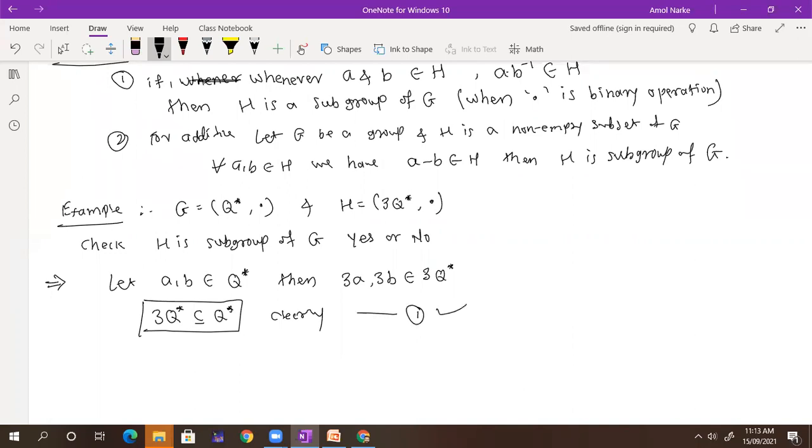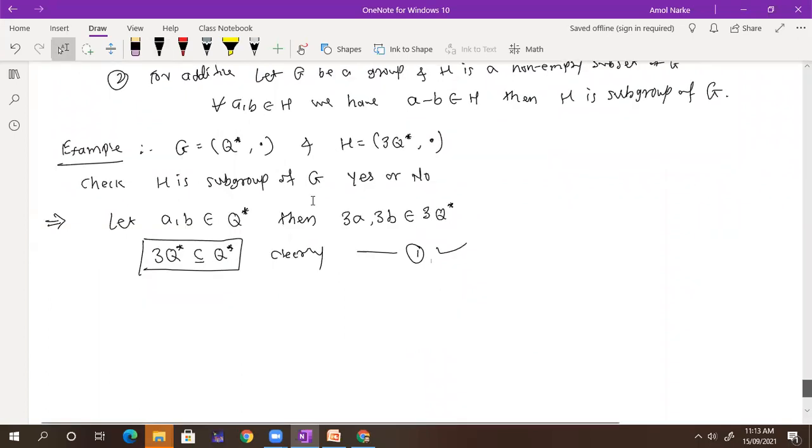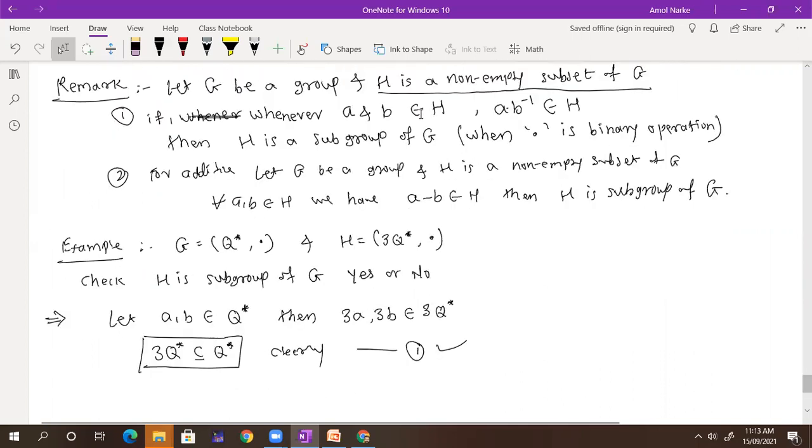So what is my second condition? You need to find out the product, because they have given the product. Take any two elements from H, where H is 3 Q star, and we need to show that A into B inverse also belongs to H. So let's check it.